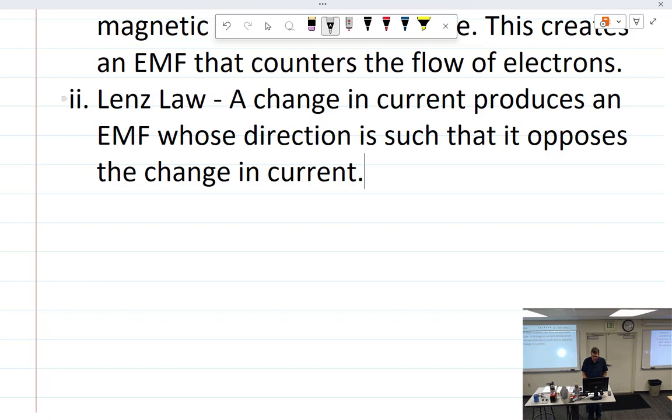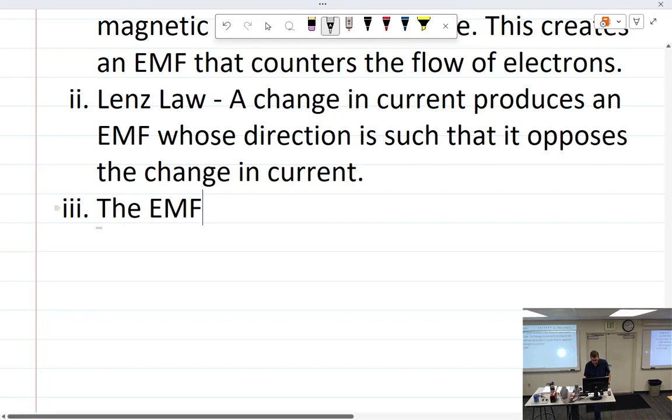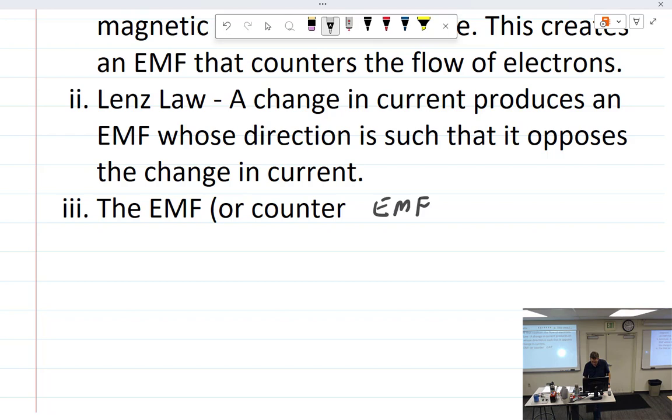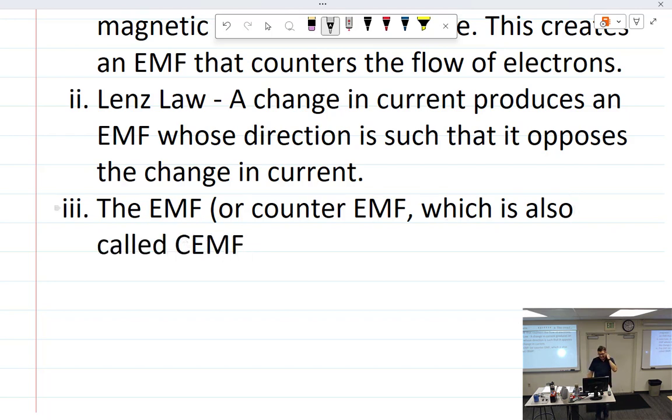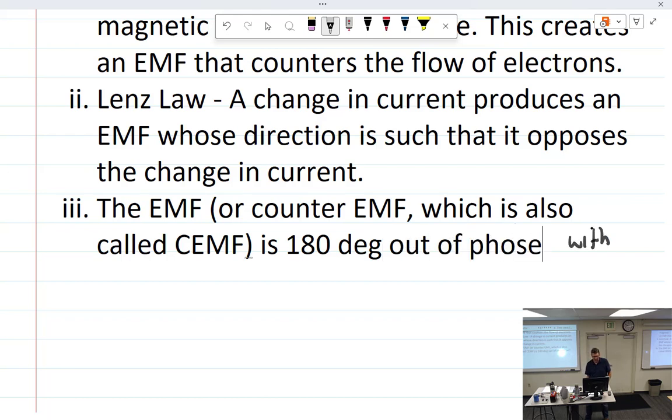So the EMF, or we should call it counter EMF, which is also called CEMF, is 180 degrees out of phase with applied voltage.